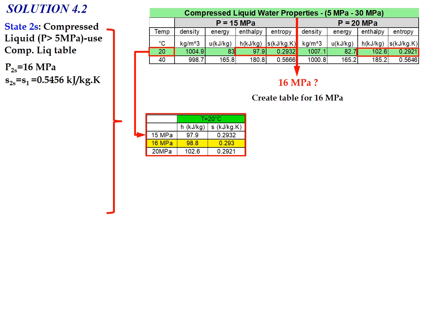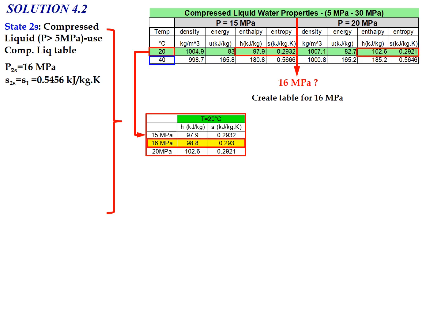The table shows the different values of pressure and also enthalpy and entropy for constant temperature of 20 degrees Celsius. So by using interpolation, we can determine the enthalpy and also entropy value at pressure of 16 megapascal.